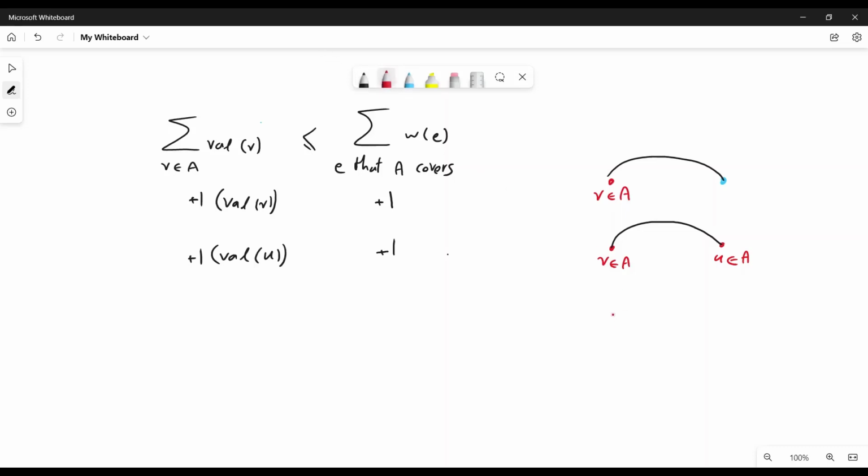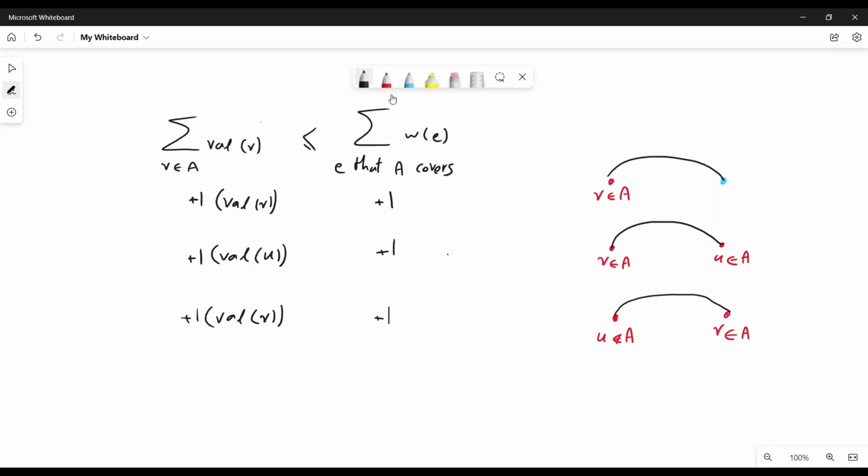Okay, then the next one is that U is not in A, and V is in A. In this case, again, we count the edge in value of V, because we only ignore edges that are going to a posterior red neighbor, and U is not a posterior red neighbor here.